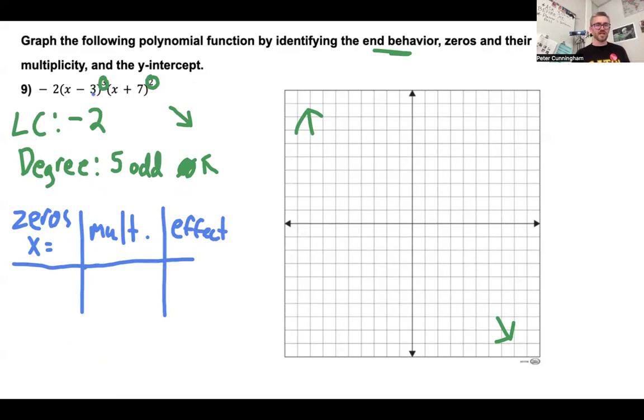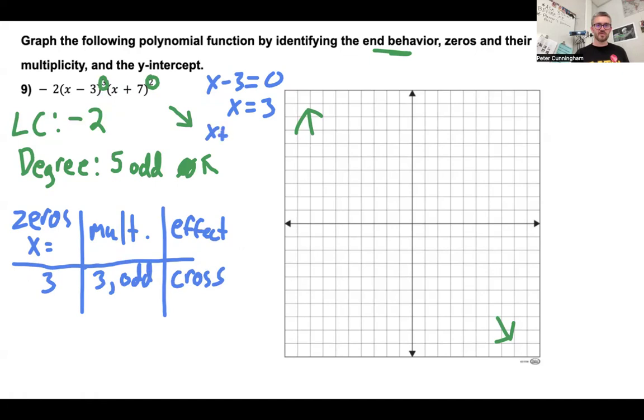Okay, x minus 3 equals 0. That will give me a 0 of x equals 3. It's opposite. So the 0 is 3. The multiplicity, because of that invisible 3 there, is a 3, which is odd, which means we will cross when x equals 3.